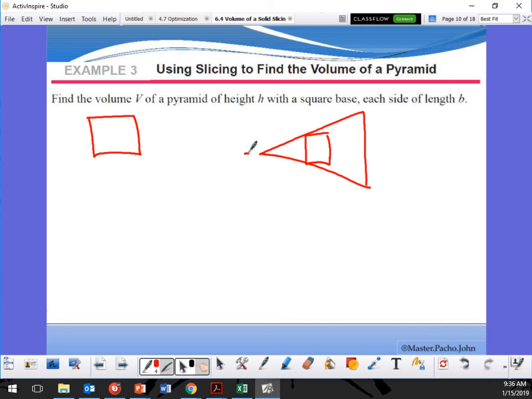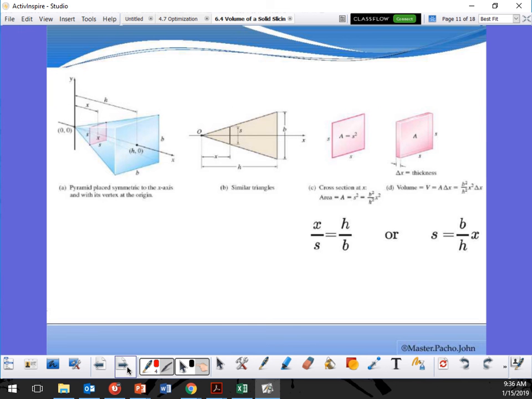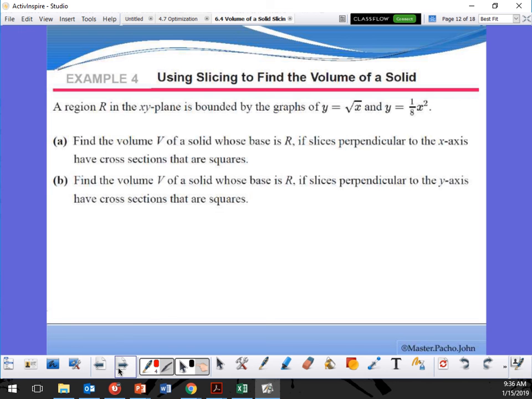And so it would be just like the first example that I did. So we have to go through and set it up the same way. Yeah, here it is, setting it up the exact same way, slicing right here, find the region R, bounded by these two right here.